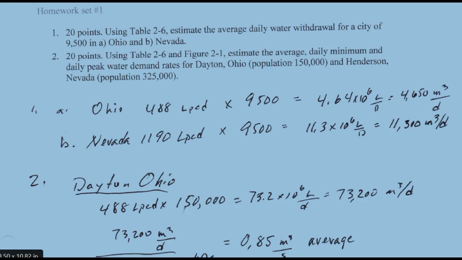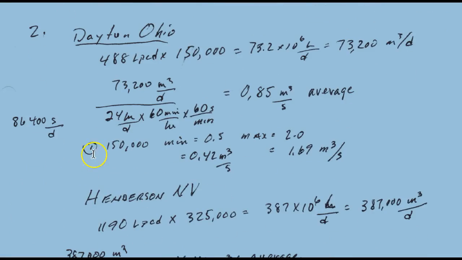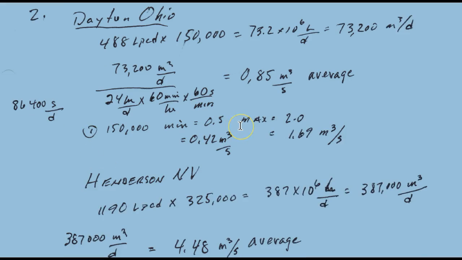Problem number 2 requires you to interpret the chart to get the maximum and the minimum values and the average values. Now I put the values here in meters per second simply because the flow rate is instantaneous rather than on a daily basis.